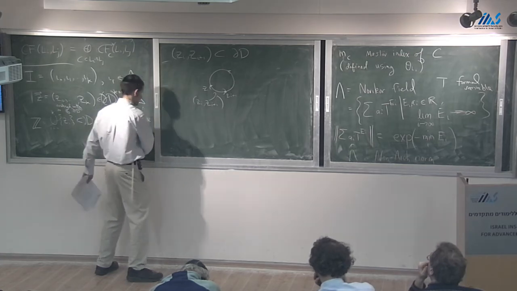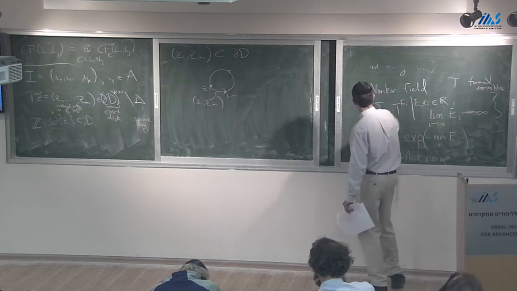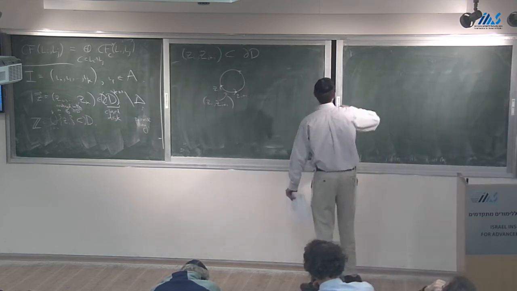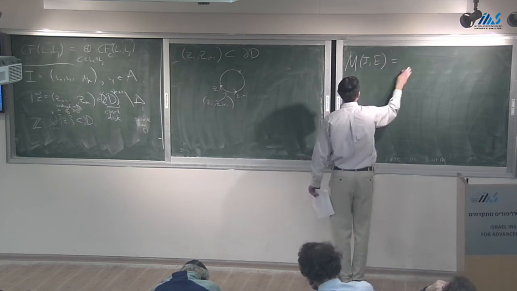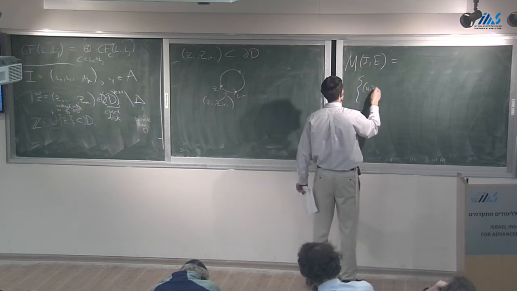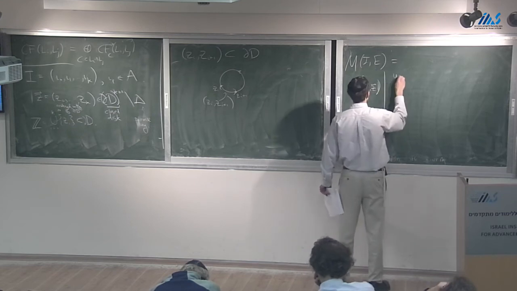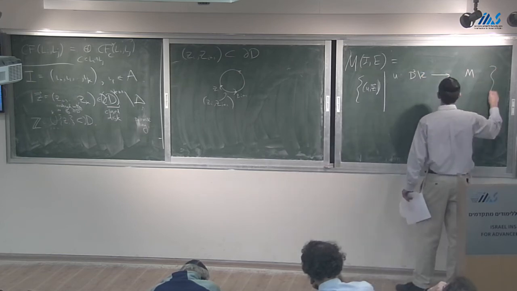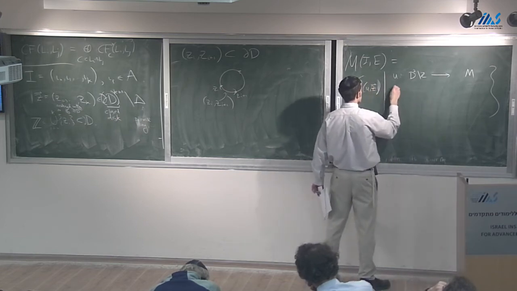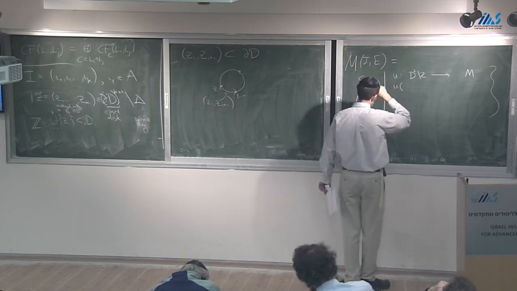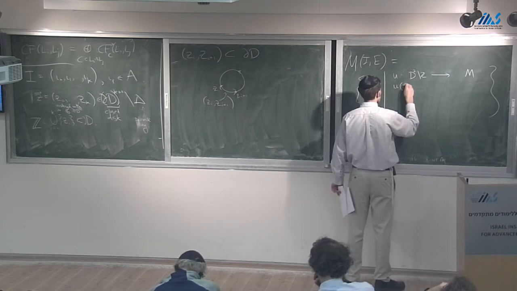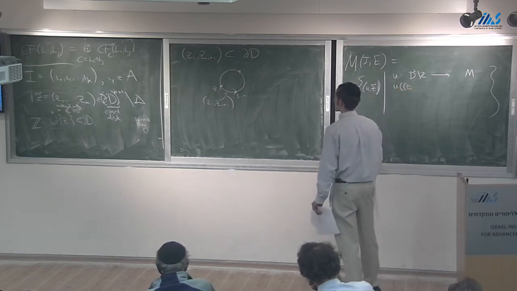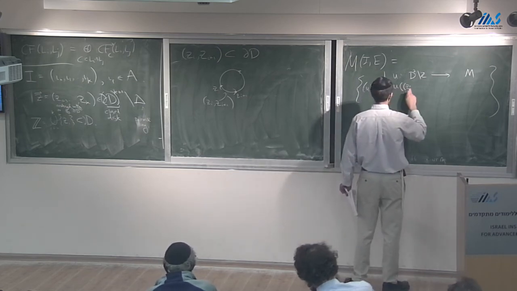Okay, so now I can define this space. M_{I,E} is going to be, by definition, the set of u and z such that u maps the disk minus z to M, and it maps the interval (z_{i-1}, z_i) to L_{i_j}.